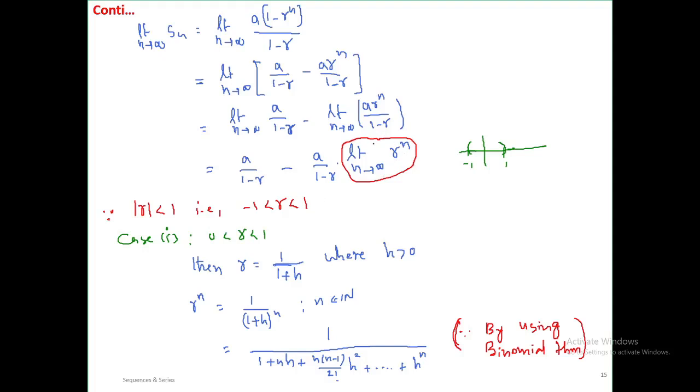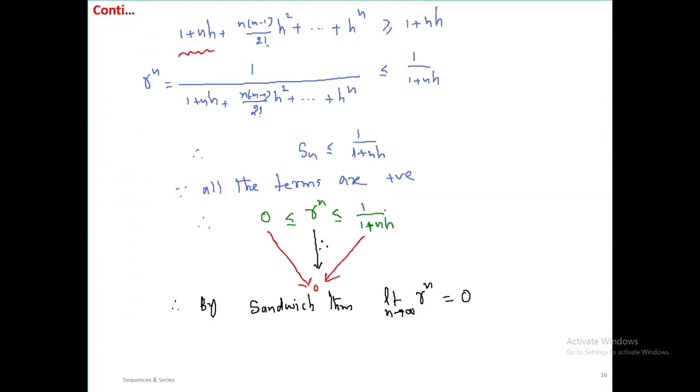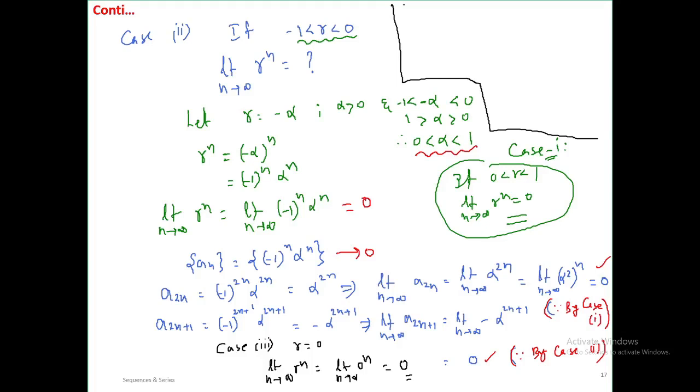I proved it. Assume this is equation number 1. So equation number 1 implies limit n tends to infinity, Sn, where Sn is equal to a by 1 minus r, minus limit n tends to infinity r power n.